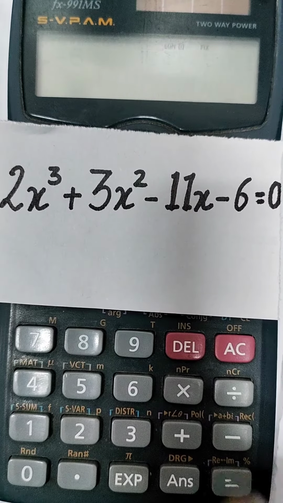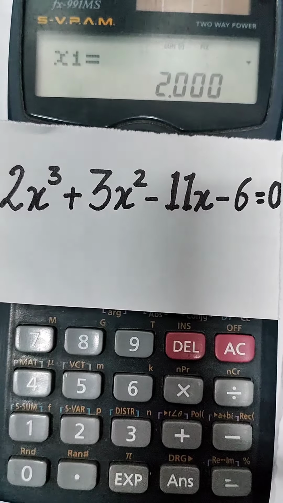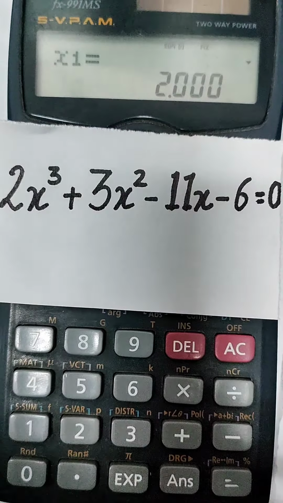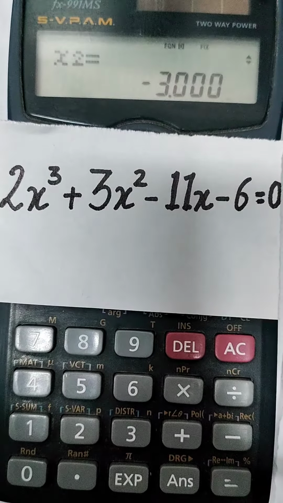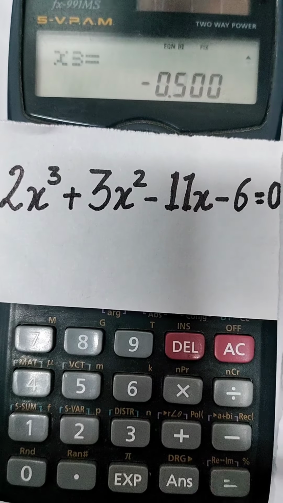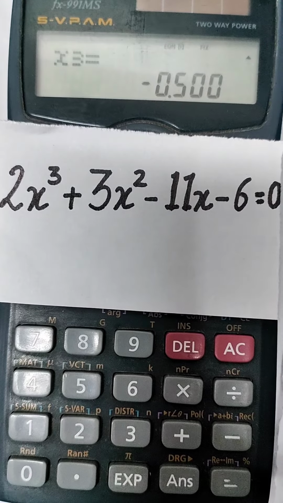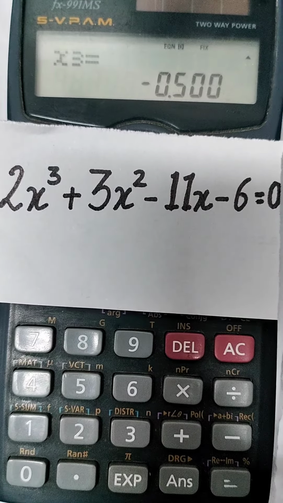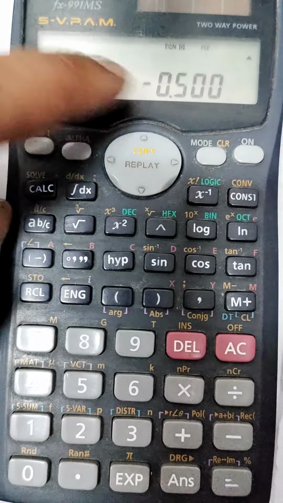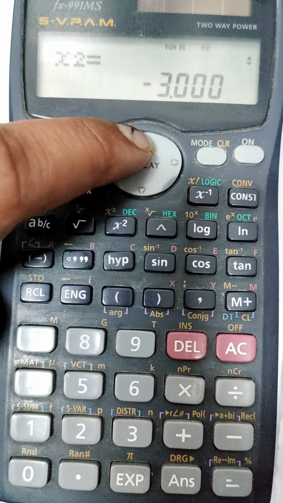Then I'll press the equal to sign, and the value of x is 2, minus 3, minus 0.5. Since it is a 3 degree equation, of course we are going to have 3 solutions, and these are the solutions. If you want to see the solutions again, we can press the upward button.